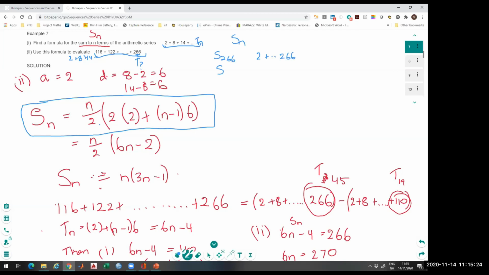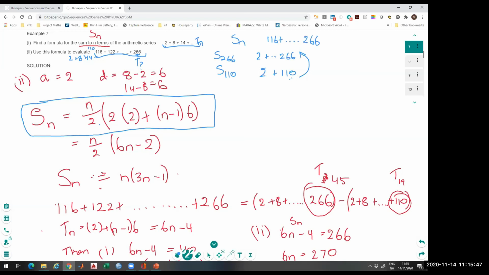It would be 110, because 6 is our common difference. So we then also get the sum of everything from 2 up to 110, and we take it away from this one to only be left with from 116 up to 266.